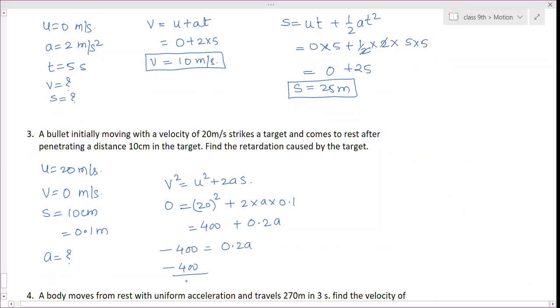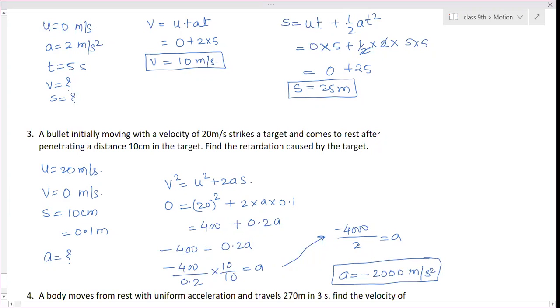So minus 400 by 0.2, multiply with 10 is equal to A. So this will become minus 4000 divided by 2. So acceleration will be equal to minus 2000 meter per second square. Acceleration is minus, and if it is retardation it means 2000 meter per second square.